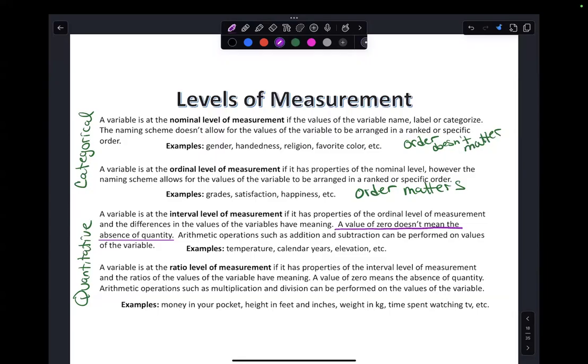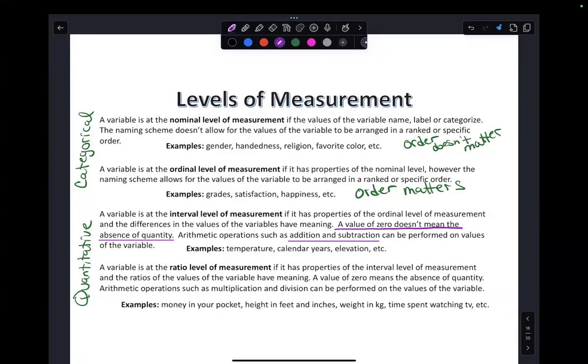Does it mean I don't have anything at all if it's a 0? For interval, 0 does not mean absence of quantity. Also, the math you do with it is usually addition and subtraction. We generally do not use multiplication and division on interval measurement.